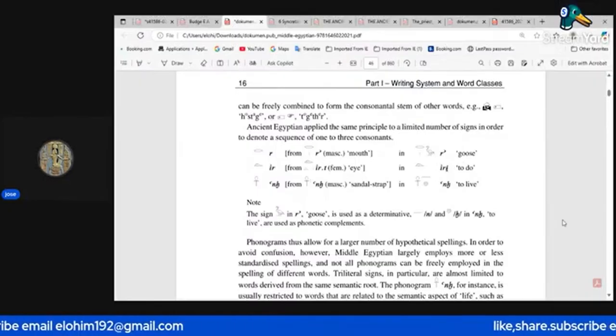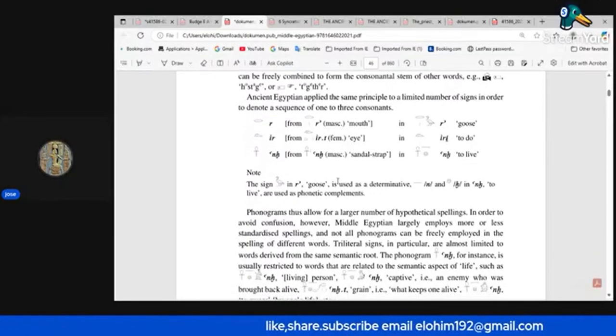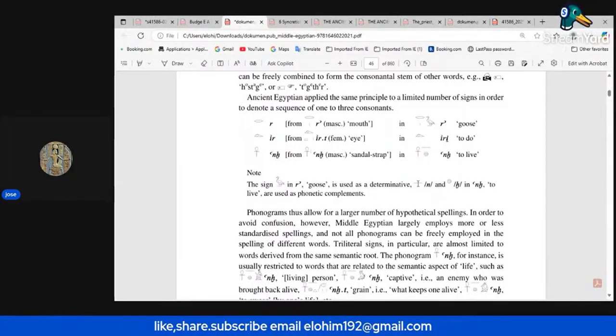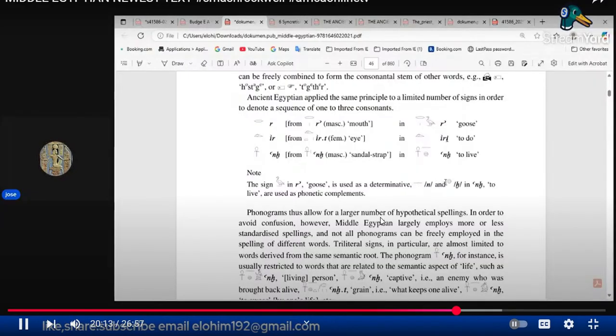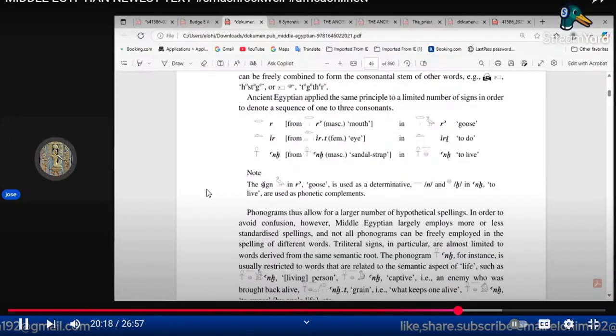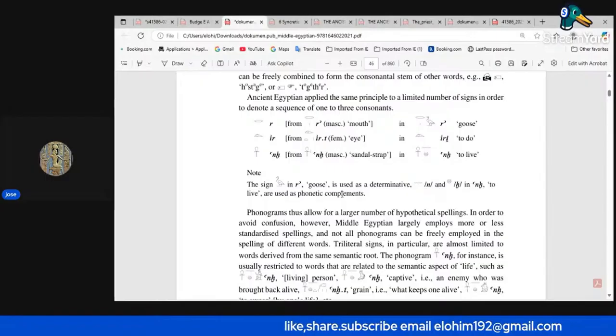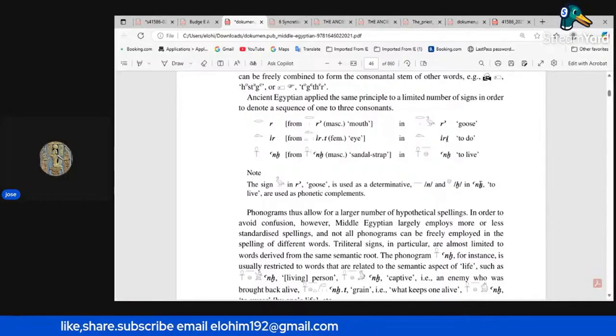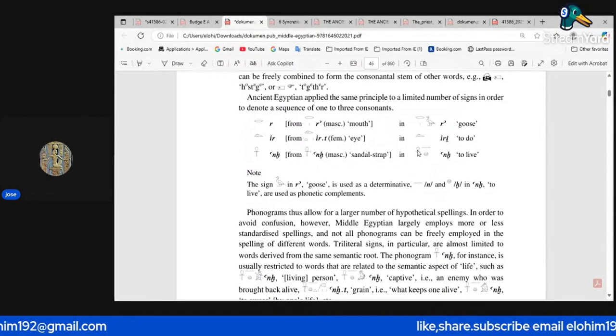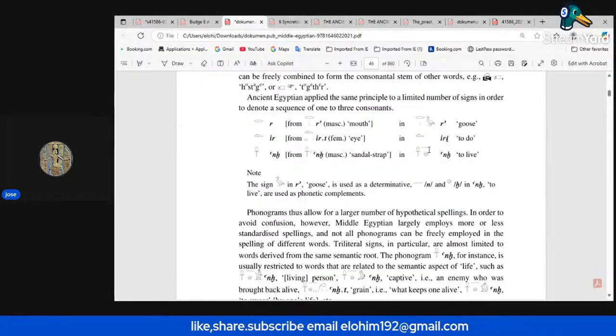Onk, to live. The sign in ra, goose, is used as a determinative. Ne and ha in onk, to live, are used as phonetic complements, right? Which means this is onk, but these are just complements for the N and H in the onk.